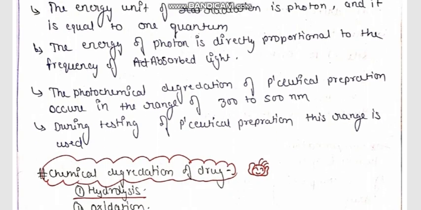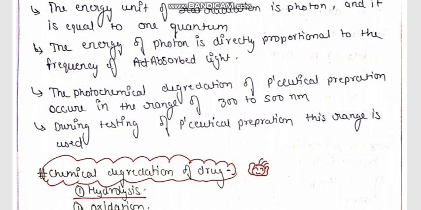The photochemical degradation of pharmaceutical preparations occurs in the range of 300 to 500 nanometers. If the light incident on a pharmaceutical preparation is in the range of 300 to 500 nanometers, it can degrade the product.